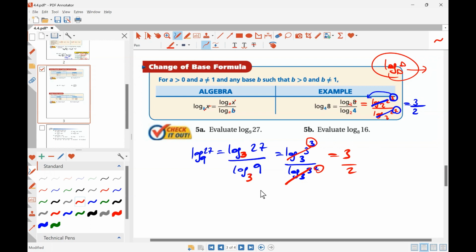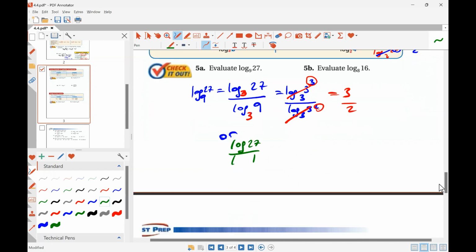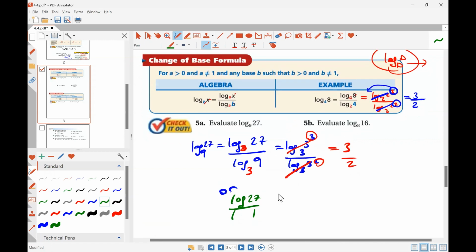For the questions that I cannot do by hand, I can write this with a base of 10. Like, write log base 10 of 27 divided by log base 10 of 9.